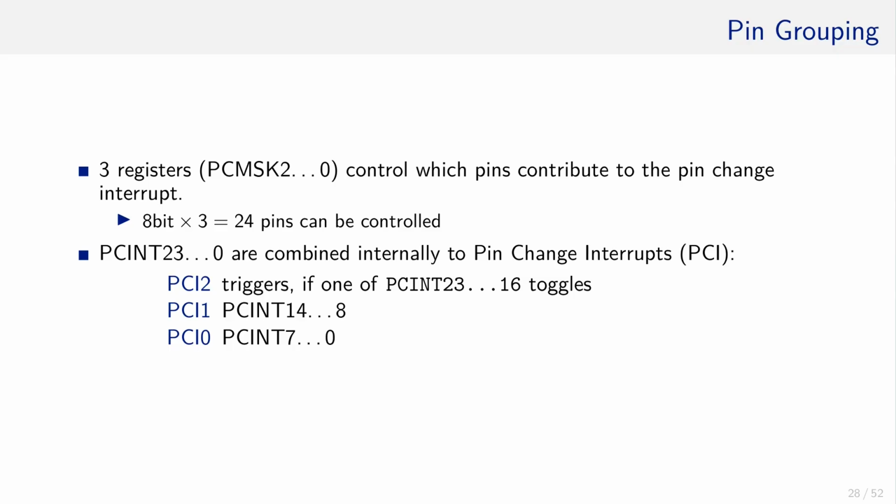Secondly, there is a pin change interrupt control register, also called PCICR. The 24 pins are grouped together, forming 3 groups in total. PCInt 0 till 7 form group PCI0, PCInt 8 till 14 group PCI1, and the remaining up to PCInt 23 are in the third group, PCI2.